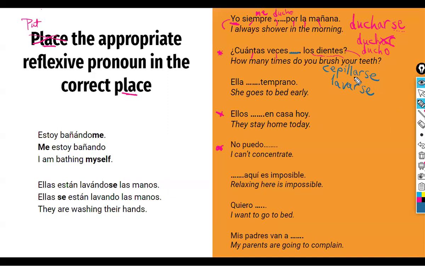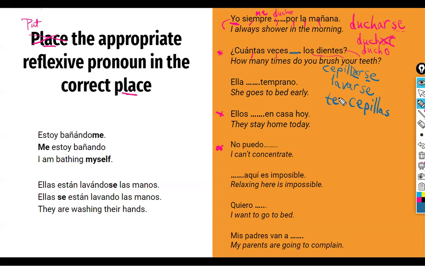Right. So cepillarse, let's go with that one first. That's it. And then we take it off. We add to the stem, cepillas. Sorry. Why did I put an O there? Habit. Right? So cepillas, because you brush. And then the reflexive pronoun for tú will be te.